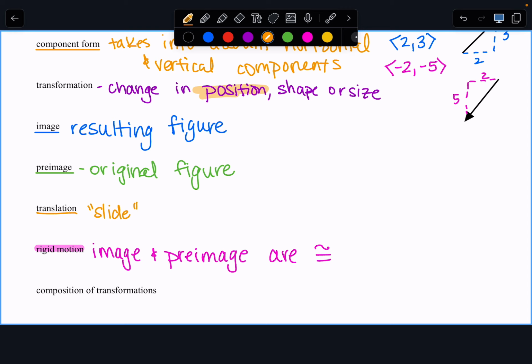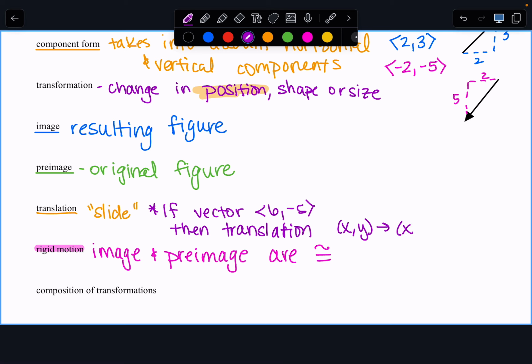Now, with this translation, if I say that we have a vector of <6, -5>, and that's how I want my pre-image to move, then we are going to take each of our x, y coordinates, and we're basically going to add 6 to the x and subtract 5 from the y's.